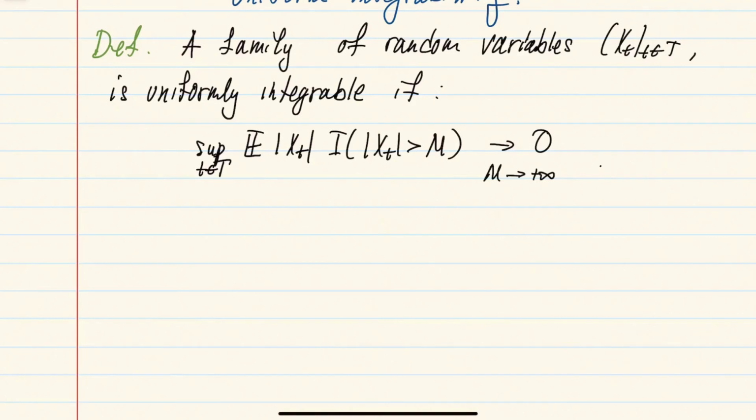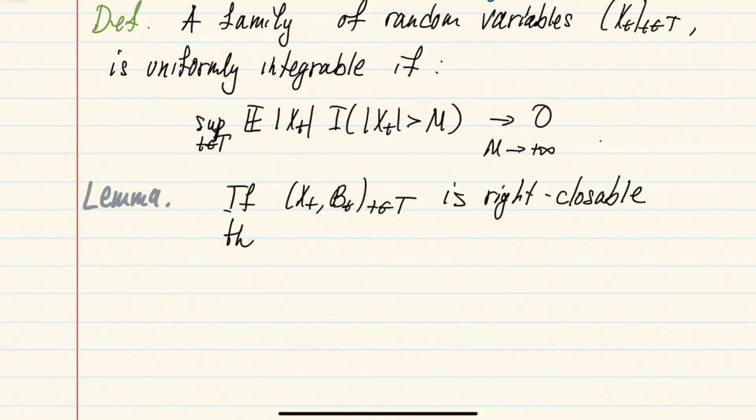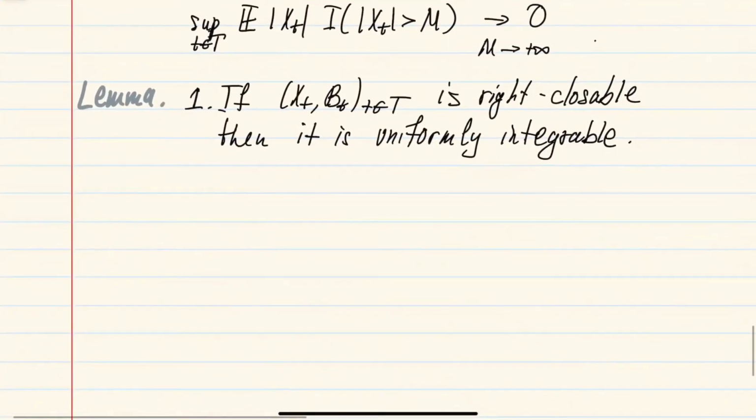All right, as a motivation here, I wanted to first start with this lemma about right closable martingales, something that I have already alluded to before. Namely, we have the following result: if our martingale is right closable, then it's automatically uniformly integrable. Let's call this 1, because we'll also need a similar statement for submartingales.